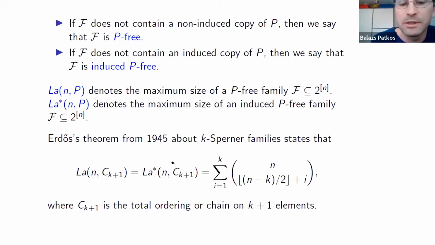There is no difference between the induced and the non-induced version. And so Erdős's theorem with this notation is just La(n, chain poset), the total ordering on k+1 elements, and the expression here is just what we had in Erdős's theorem.